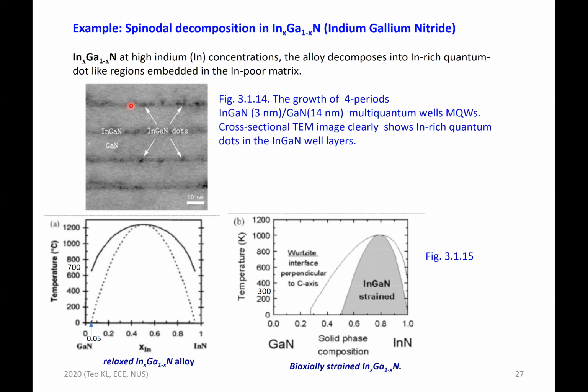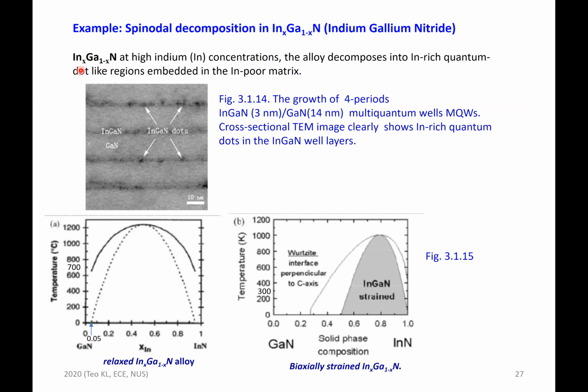The reason is that the indium gallium nitride actually decomposes into indium-rich quantum dots. So these are indium-rich quantum dots embedded in an indium-poor matrix, which means that in this indium gallium nitride layer, let's say I want to grow 30% indium and 70% gallium, but the dot itself actually separated into a distinct phase.